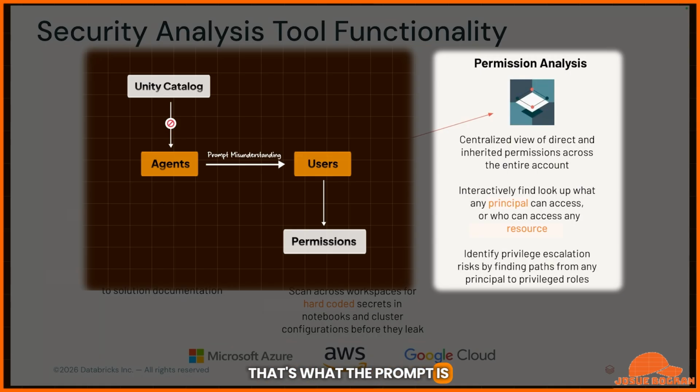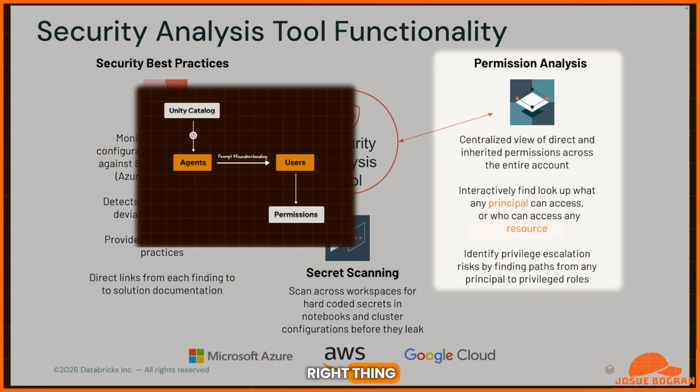That's what the prompt is. But maybe you are trying to answer this question in a different way, or to be helpful and grab more data for your end user, but you don't have access to those tables. So it is prevented at the source, as opposed to trusting that the agent is going to do the right thing.